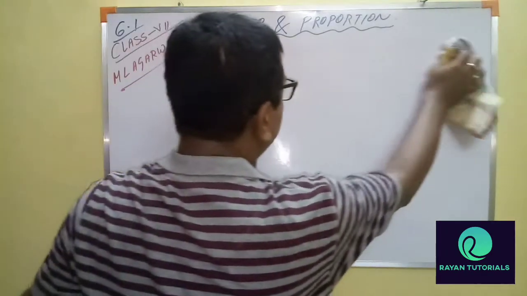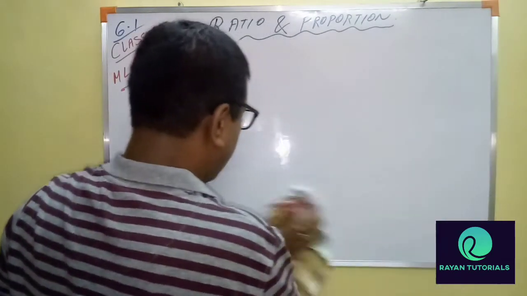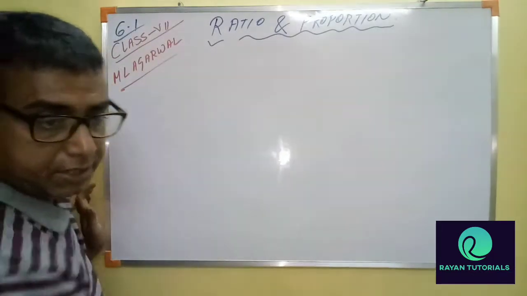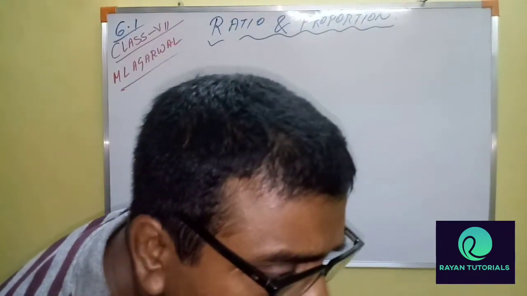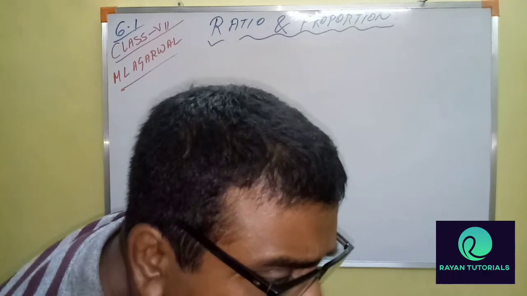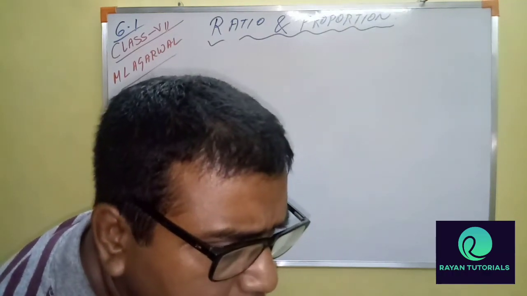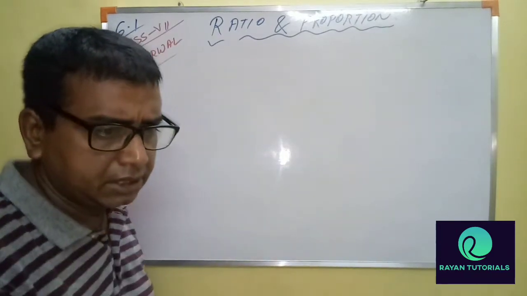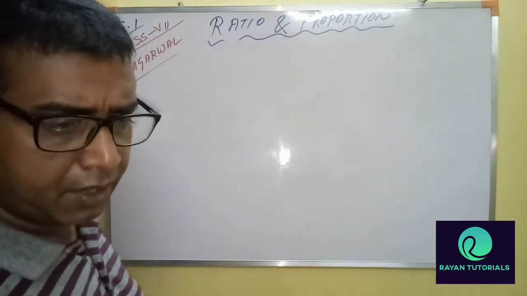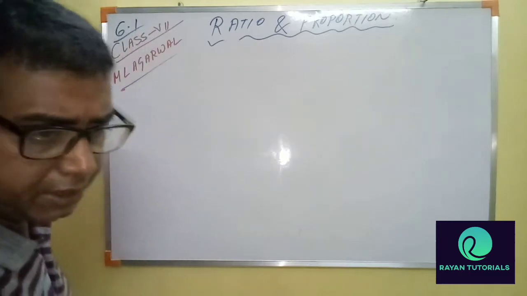Next, which sum should I do? I think 18 or 19 sums are there. Okay, I do number 3.